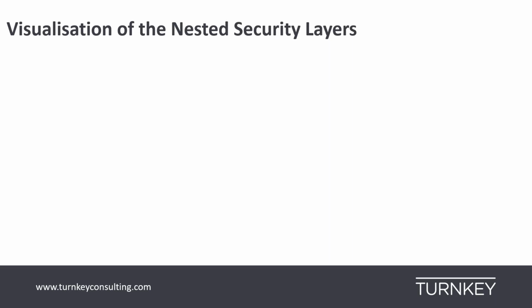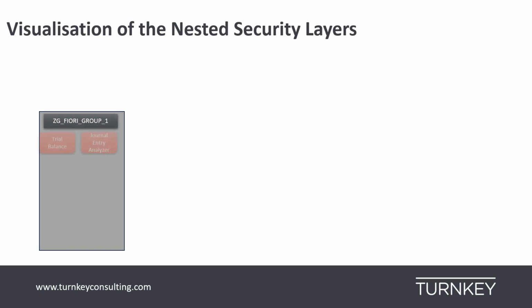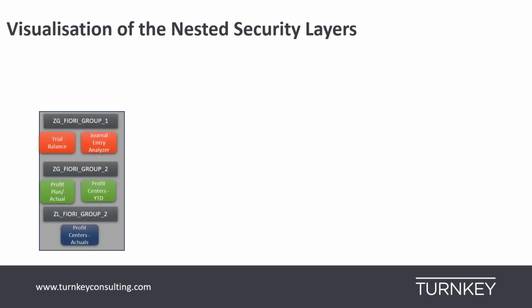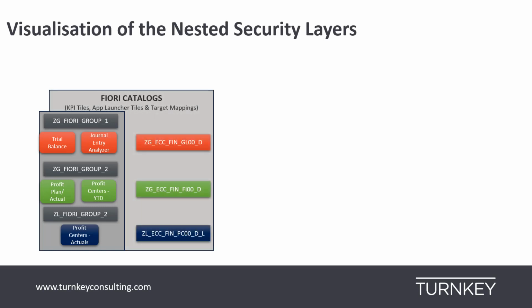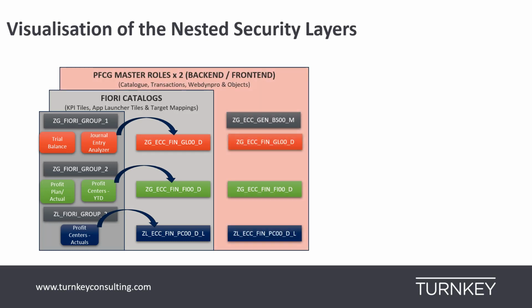So if we visualize almost all of these nested security layers in S4 HANA, you obviously start out with the groups, the Fiori groups, for example. You then have the apps that are assigned within those groups, or the catalogs, so you start assigning all of these different apps within the catalogs.